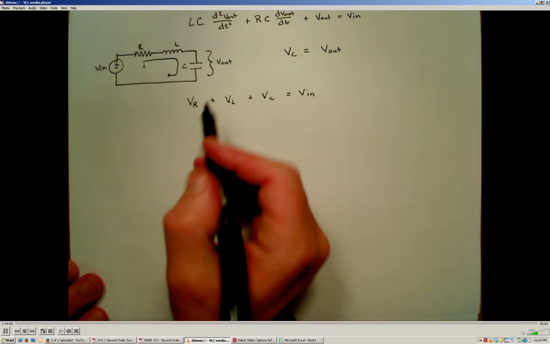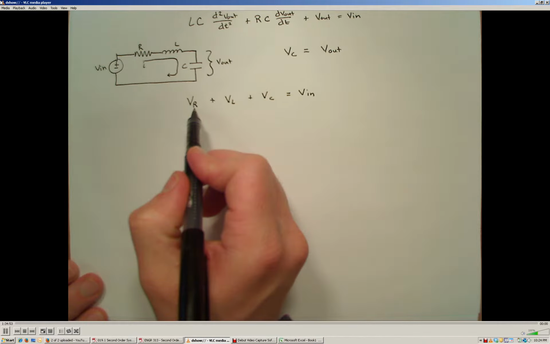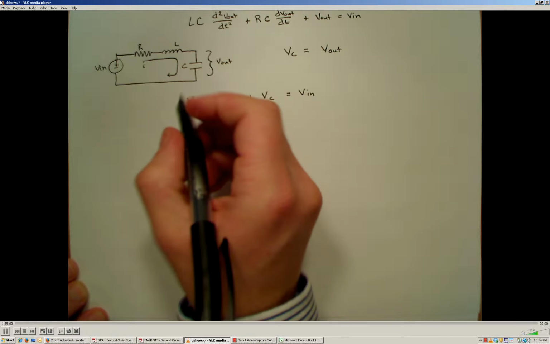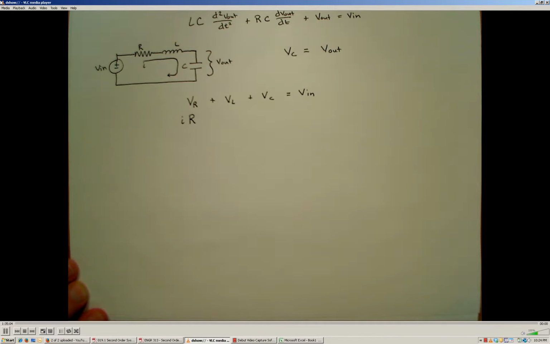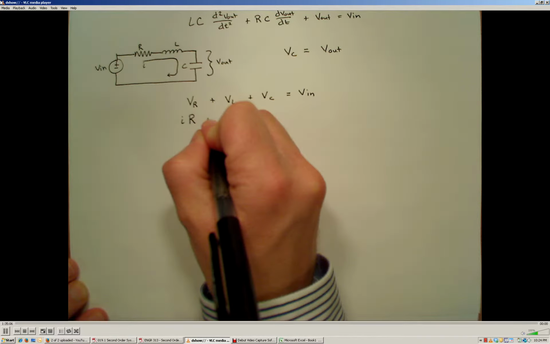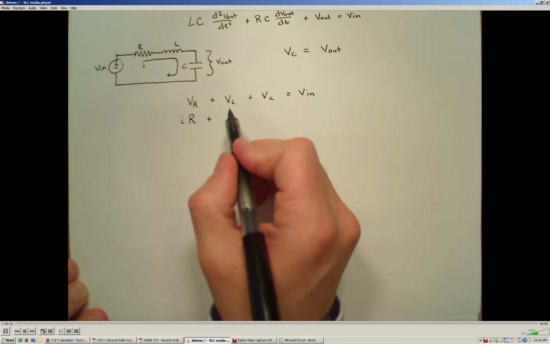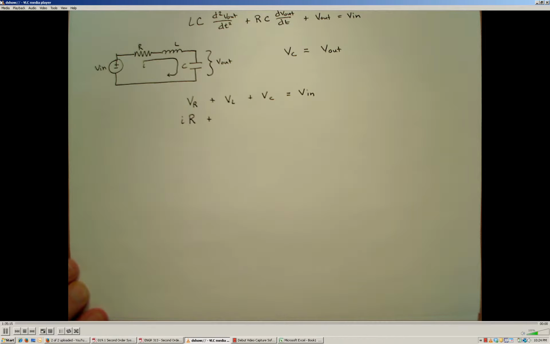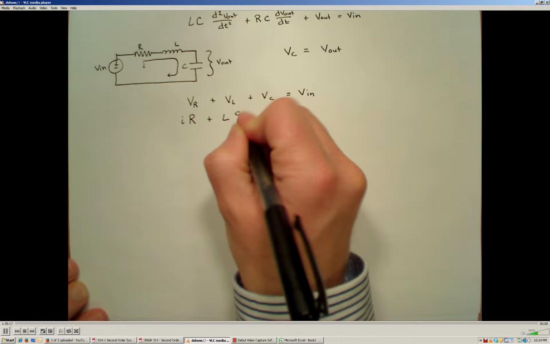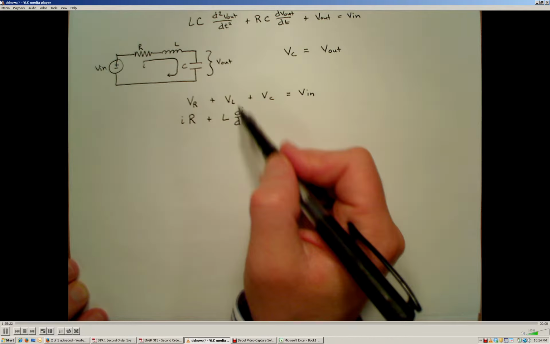Now I'm going to express the voltage across the resistor in terms of the current that's shared by all of the elements. The potential developed across the resistor is just I times the resistance. The potential across the inductor is related to the current using the derivative relationship L di/dt, so the potential across the inductor is proportional to the rate of change of current through the inductor.